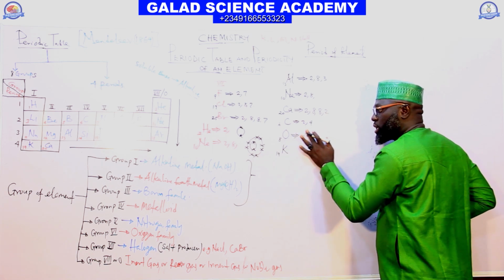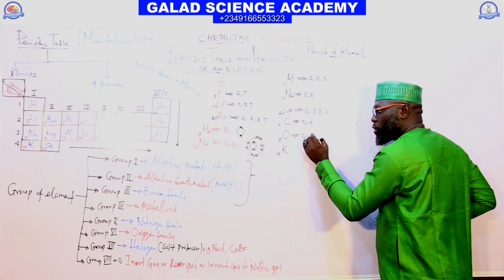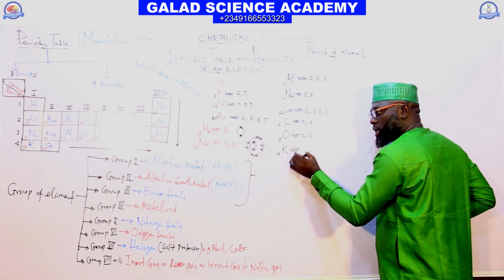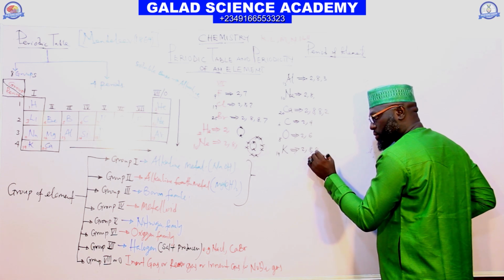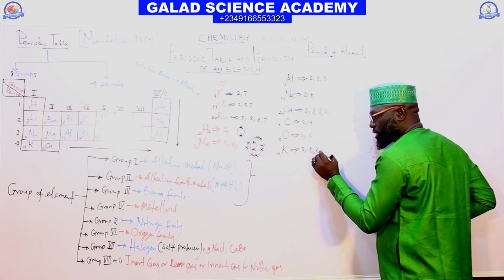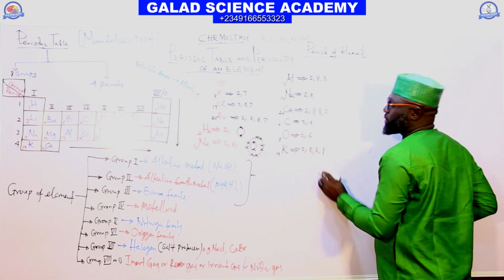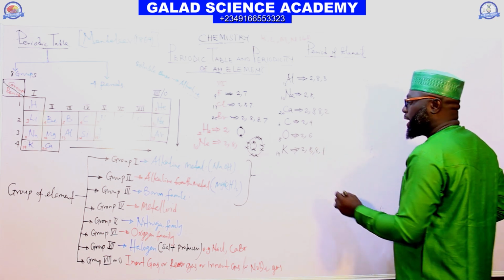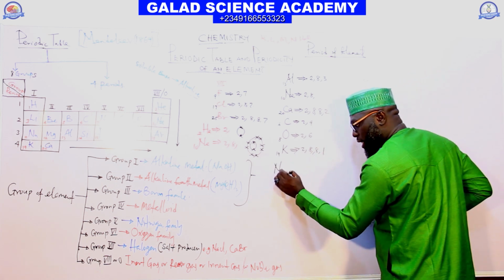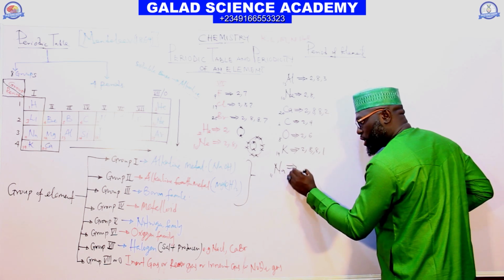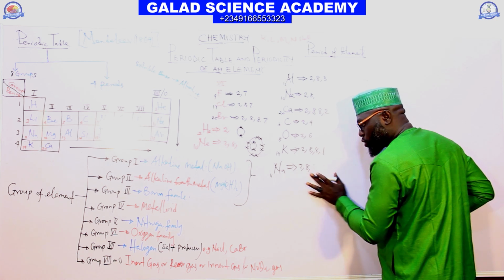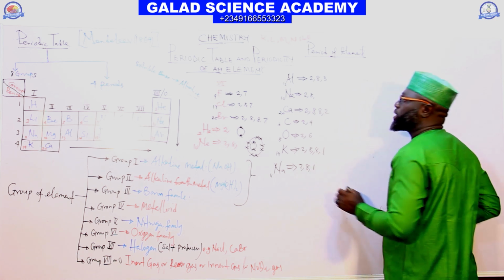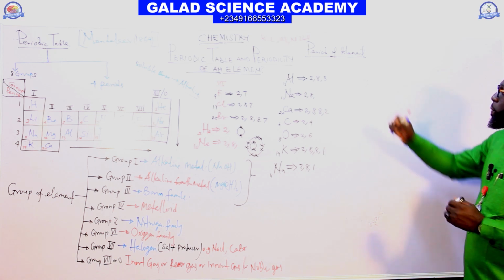Oxygen is 2, 6. For 19: 2, 8, 8, 1. Let me put sodium here. Sodium is 11: 2, 8, 1. Good.